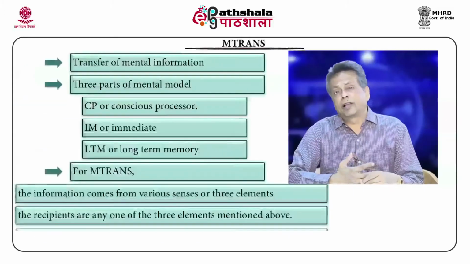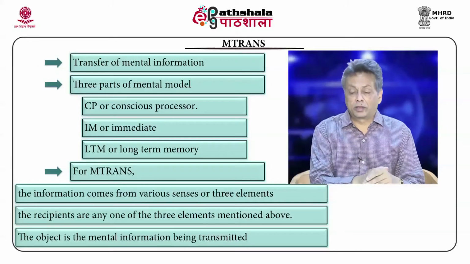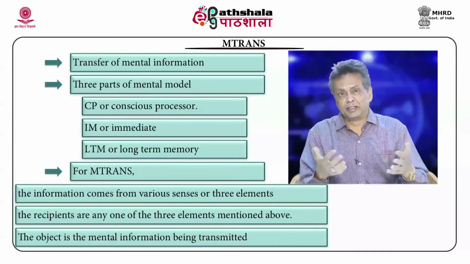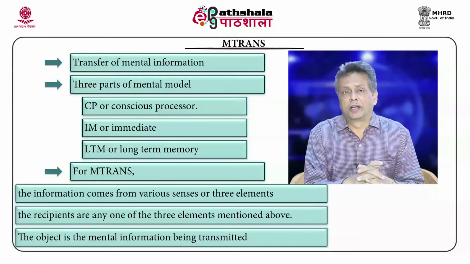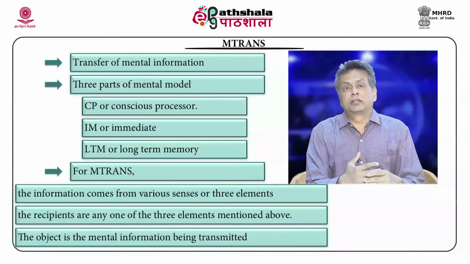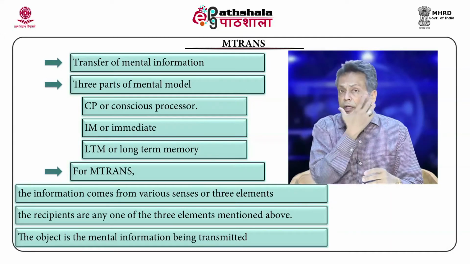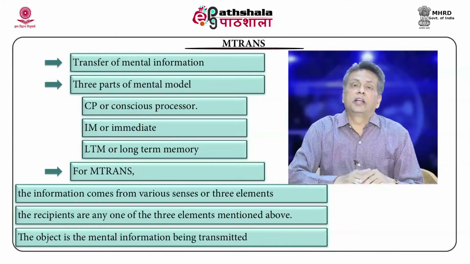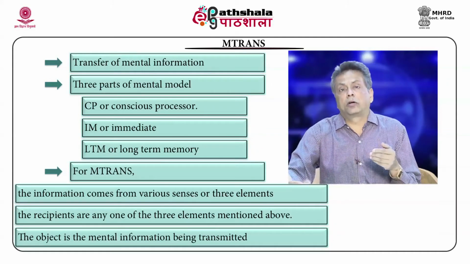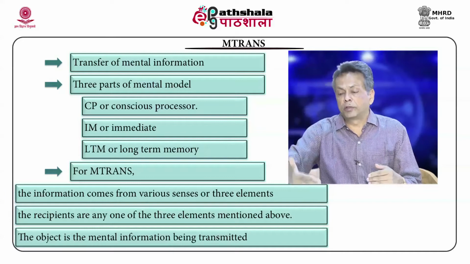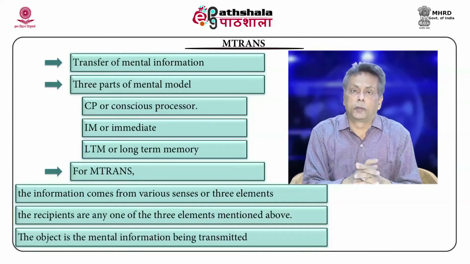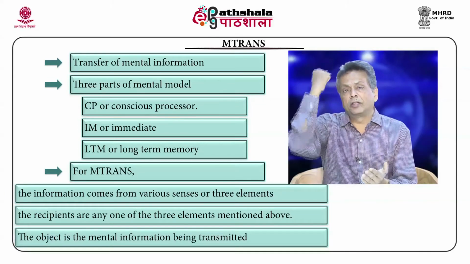The other one is called M-trans, mental transformation, where the mind is involved in the transfer of something. M-trans is quite important here. For example, what is the verb reading? Reading is about transferring information by M-trans. For example, I am reading a newspaper, so from that newspaper the information is going into my mind.